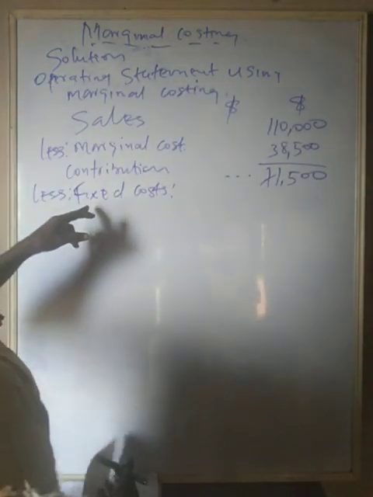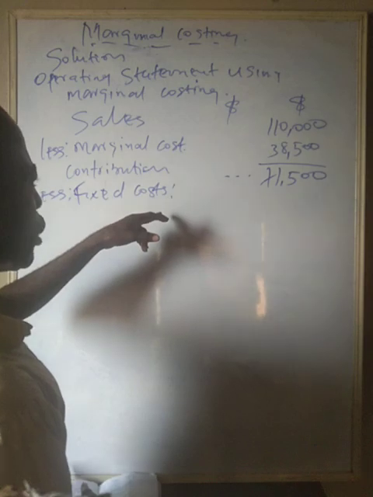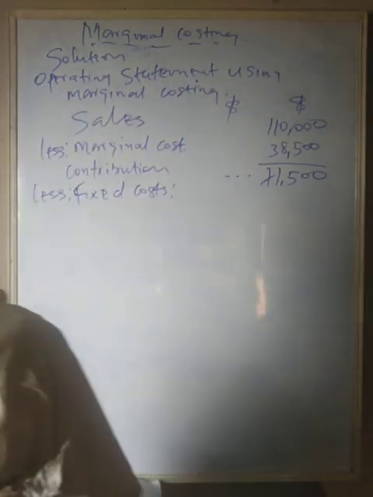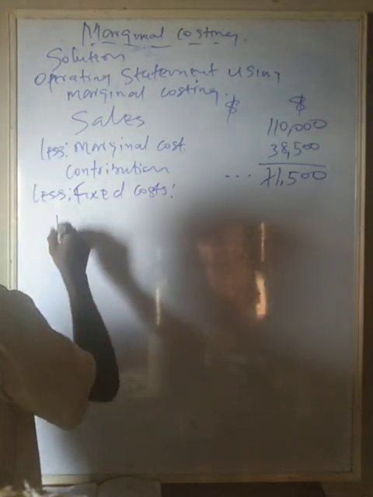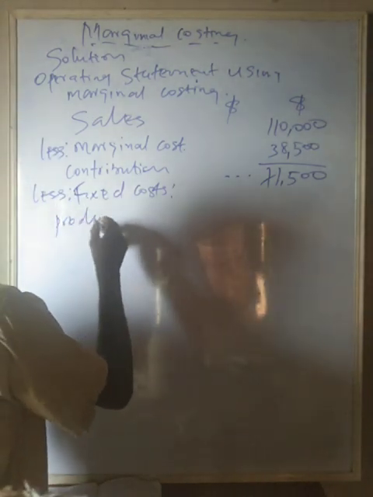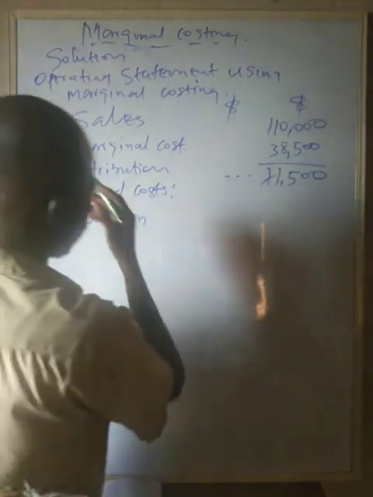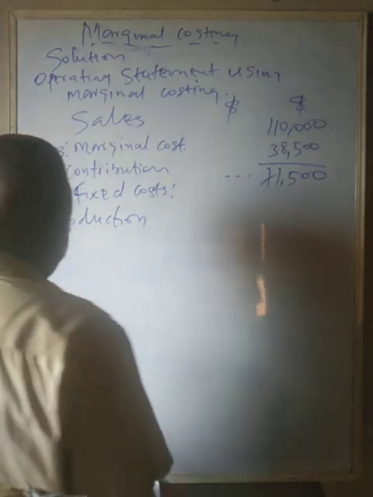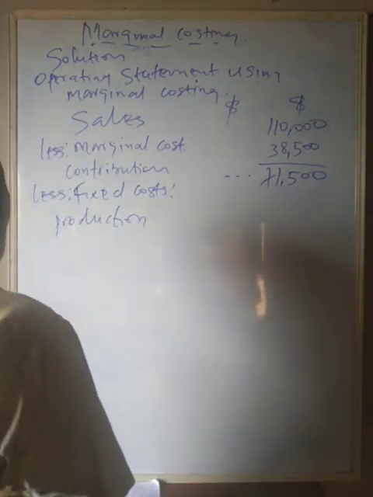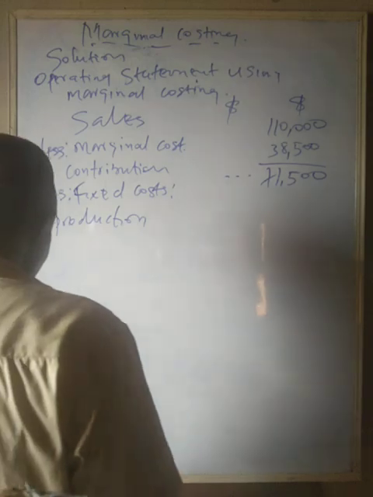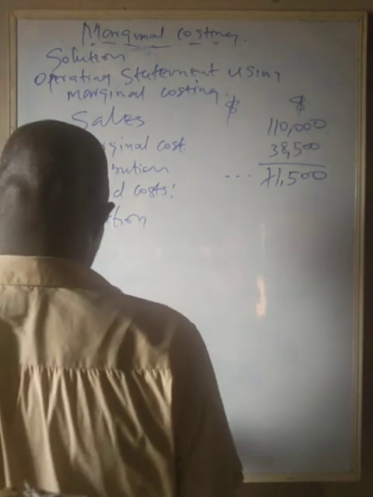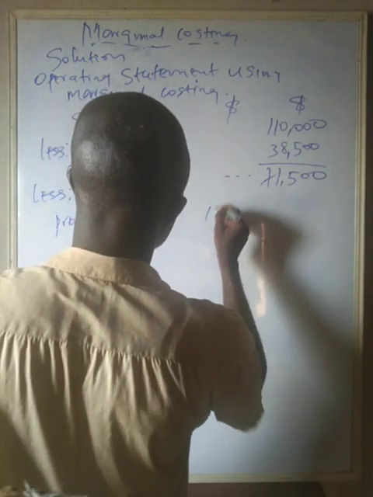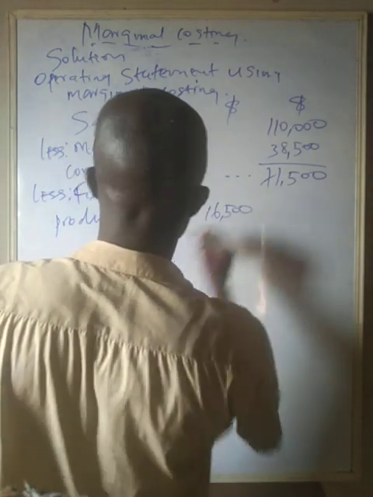Then we are going to deduct the fixed cost. The fixed cost aspect is both the production and the selling and distribution. Production, that is the fixed aspect. What is the production figure there? You have 16,500.